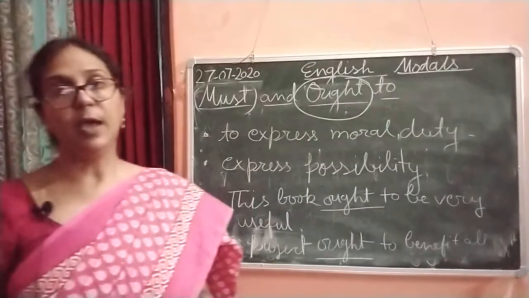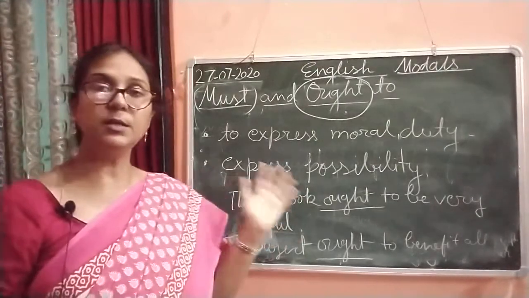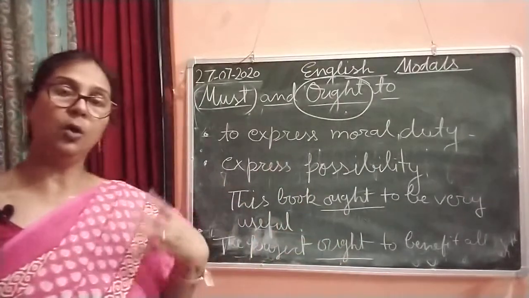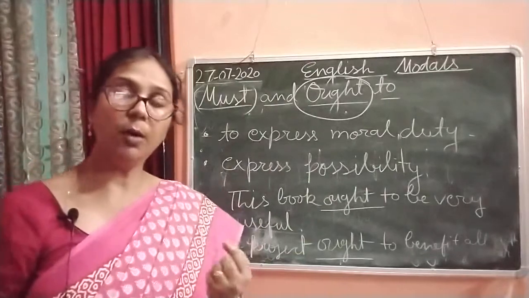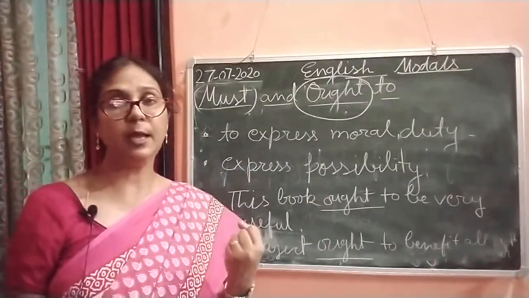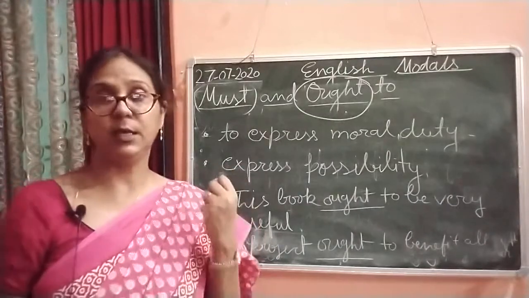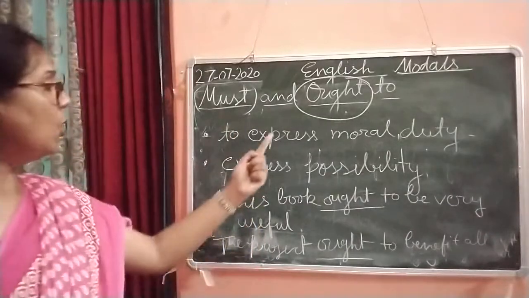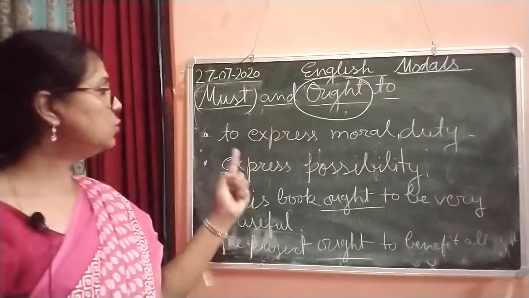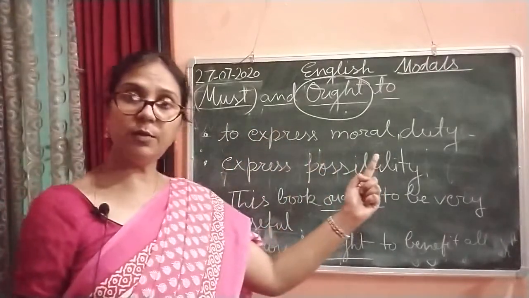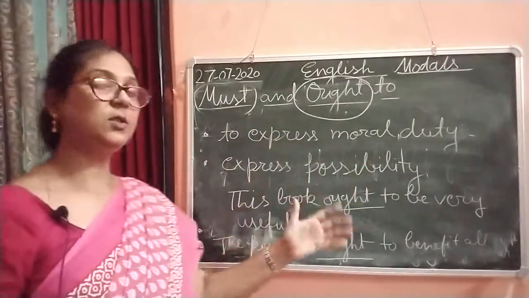So we have learned today that must expresses a strong obligation, and second, must is used for necessity. Ought to is used to express moral duty first of all, and second, to express possibility.